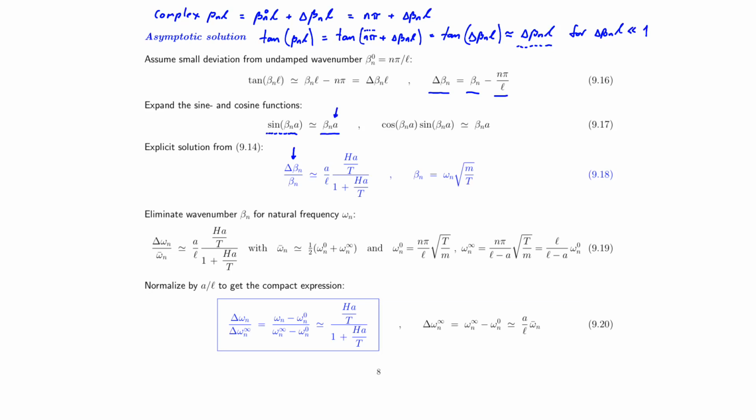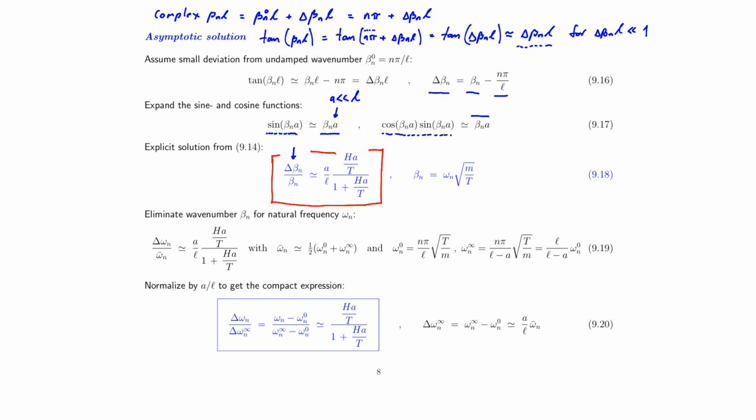So here we have assumed that a is much smaller than L. And that means for small a values, we have that the cosine times the sine is also approximately equal to beta_n a. And if we plug this into the solution on the previous slide, we get this very compact and very neat solution to delta beta_n over beta_n.